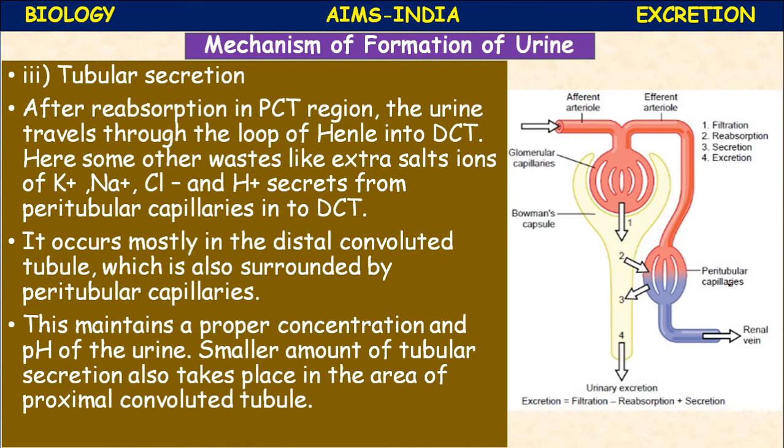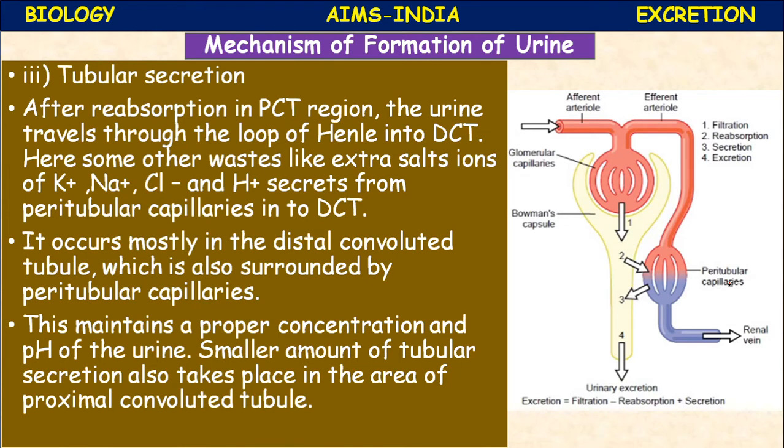It ensures removal of all the waste products from blood. What are those waste products? Urea, uric acid, creatine, salt ions like potassium, sodium, and hydrogen ions H+.